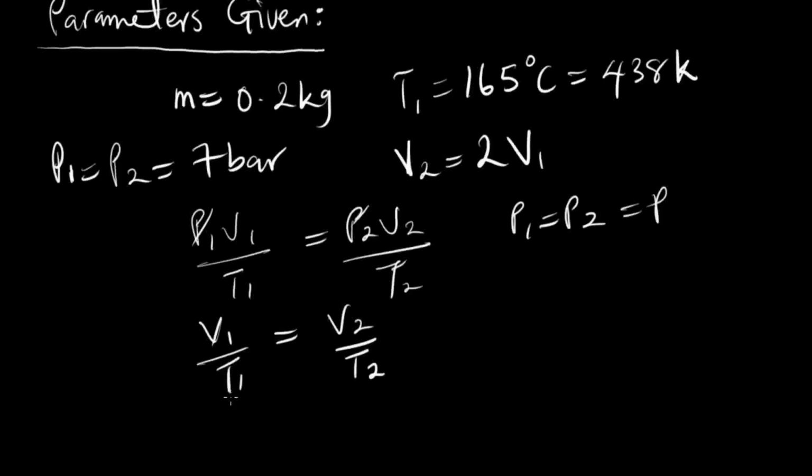From our secondary school knowledge, this is Charles' law, where the volume varies directly proportional to the temperature. So finally, T2 is T1 times V2 over V1.